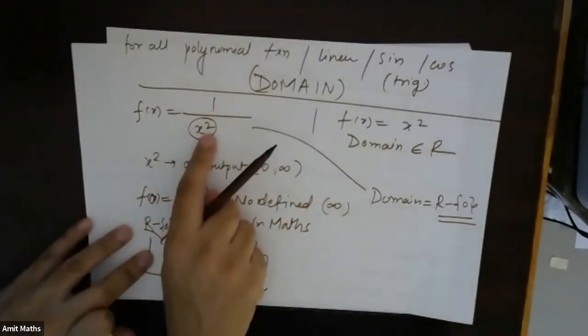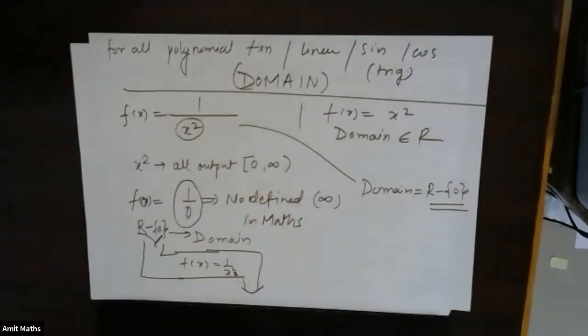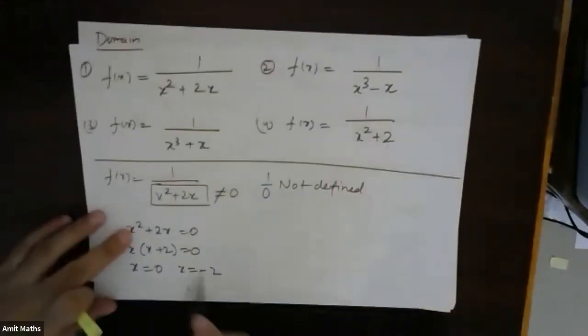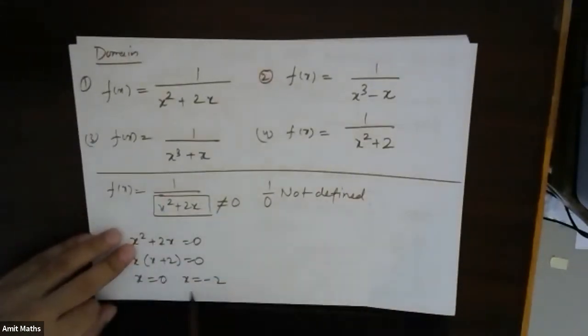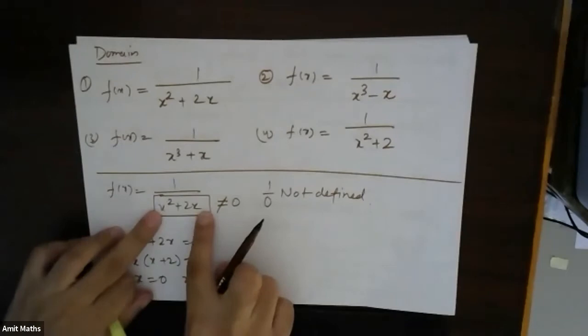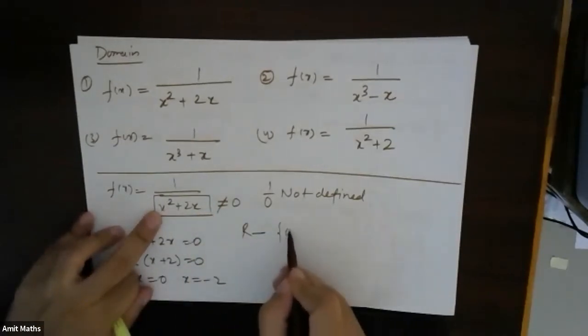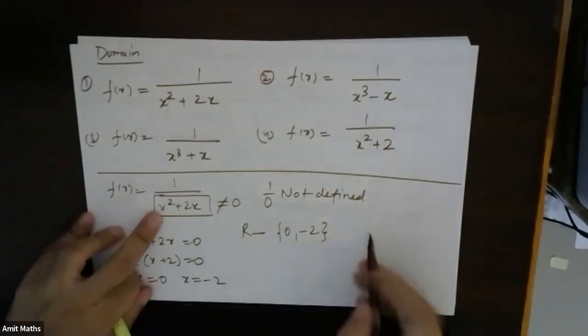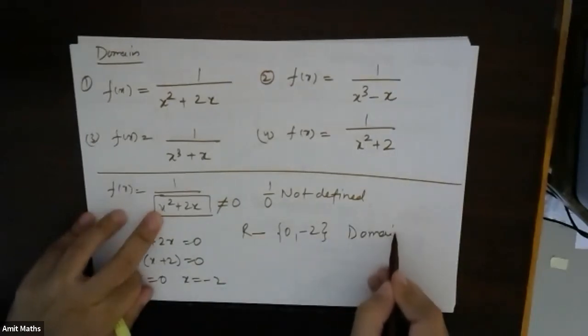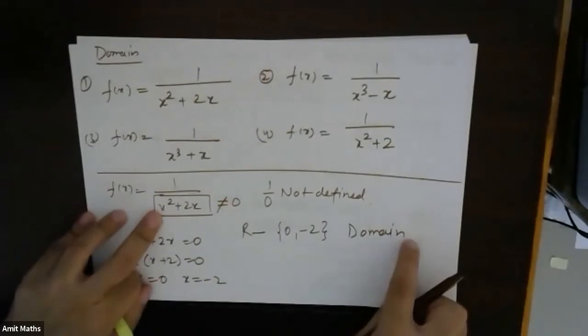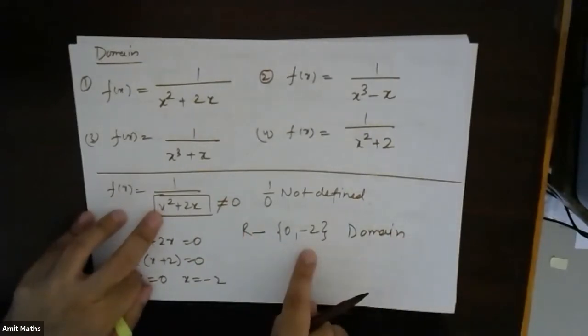In that case, it was x is equal to 0. So I will remove that. In this particular case, I will do the exact same thing. I will find wherever it is 0 and I will remove that. So in this, it can take all the real values except two values, 0 and minus 2. So this becomes the domain of this function.